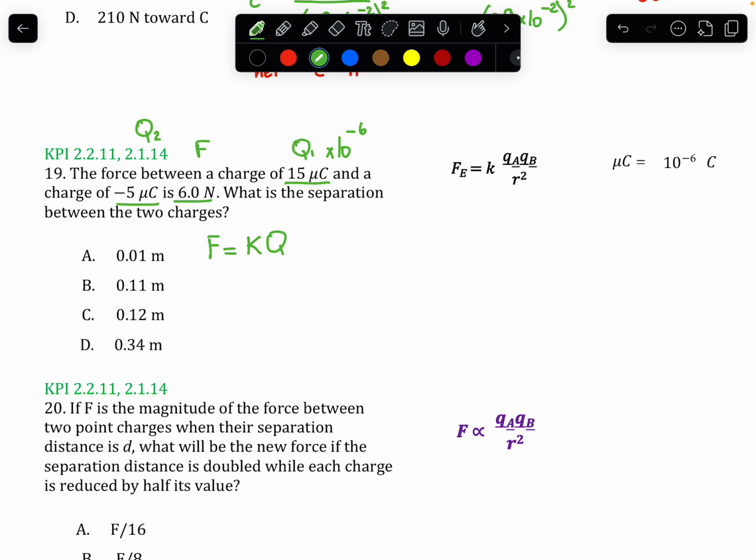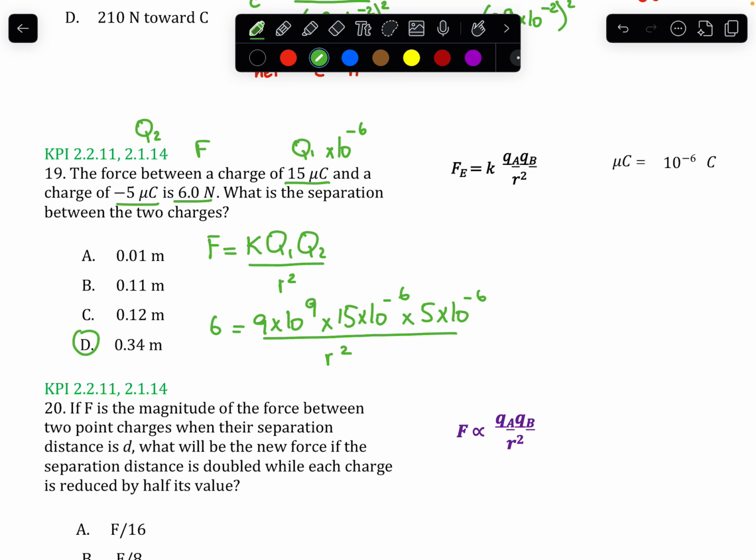F equals k Q1 Q2 divided by the distance squared. So 9 times 10 to the power of 9, times the first charge 15 times 10 to the power of negative 6, times 5 times 10 to the power of negative 6, divided by the distance squared.